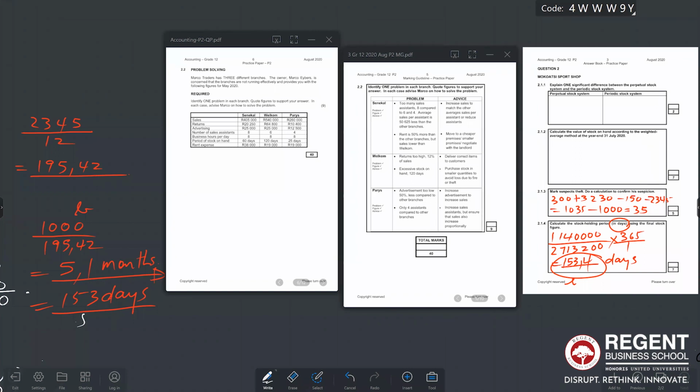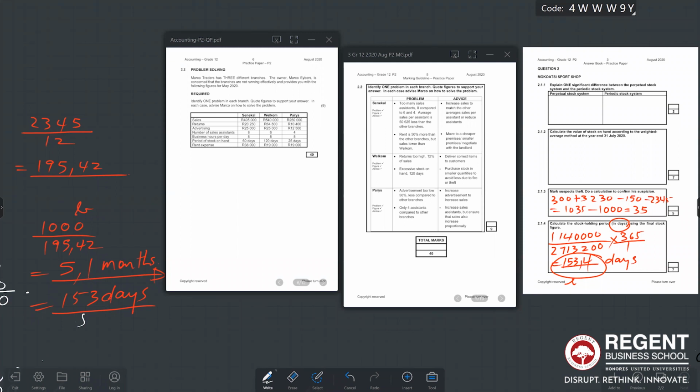Okay, so that's the one issue, and your solution is increase advertisements to increase sales. Now, the second point, Seneca got 8 workers. Welcome got 6. And here you only gave them 4 staff members compared to the others.